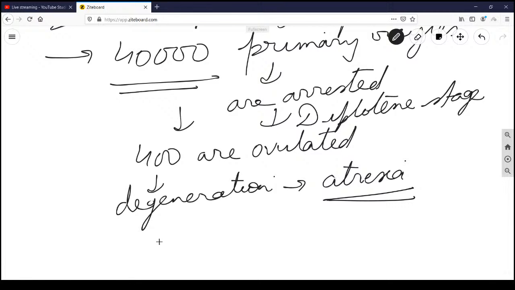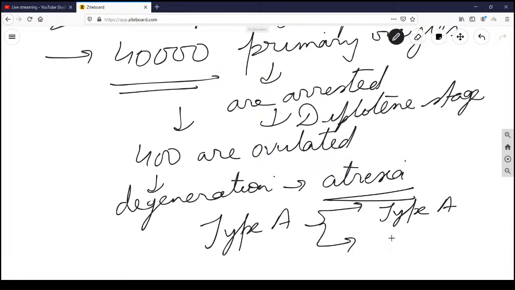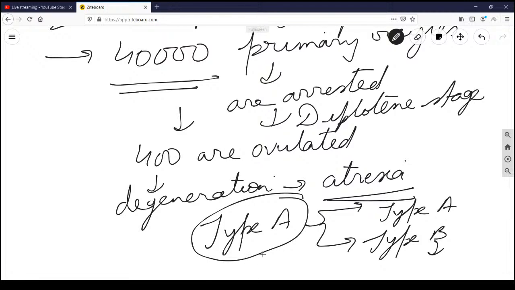What happens in males is, the spermatogonia undergo spermatogenesis. The type A spermatogonia undergo mitosis, become type A again, and then type B. This type B spermatogonia then undergoes spermatogenesis. The type A spermatogonia has stem cell like property.